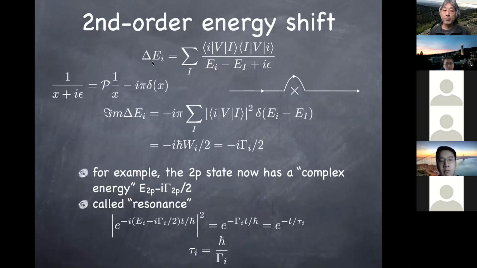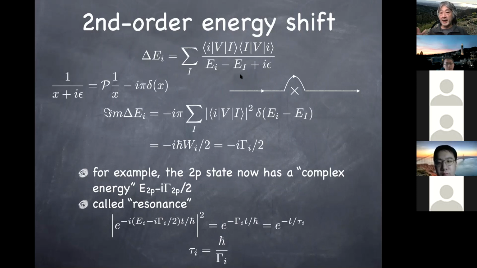So here's the deal. When you actually compute the energy shift from perturbation theory, you find this expression. And this is the expression you probably have seen in time-independent perturbation theory in quantum mechanics class. And when you go through the time-dependent perturbation theory, it acquires this iε piece. One way to understand it is just looking back at the time evolution operator in the time-dependent perturbation theory, and expanding that in power series in time t, and then identifying the coefficient of t as the energy of the state, right?